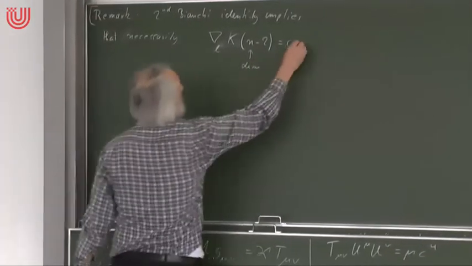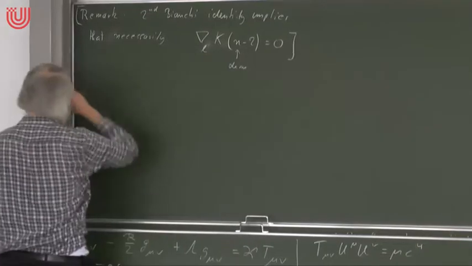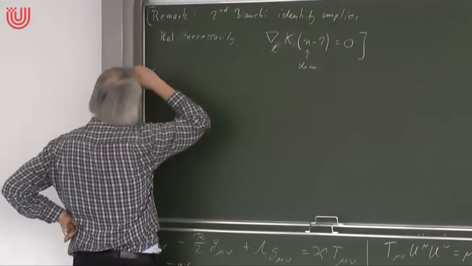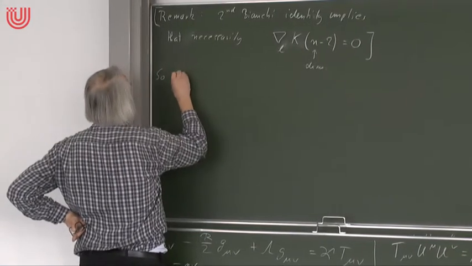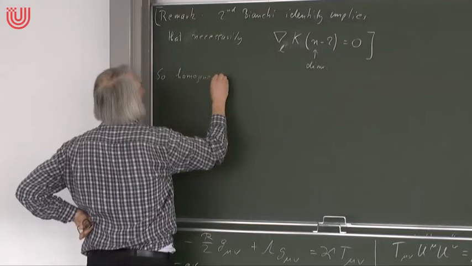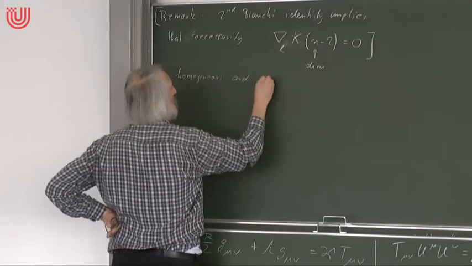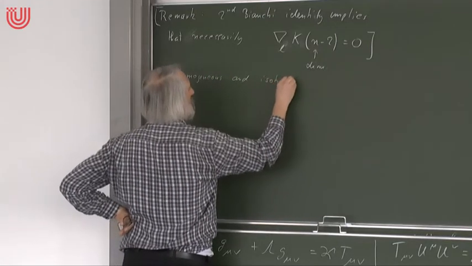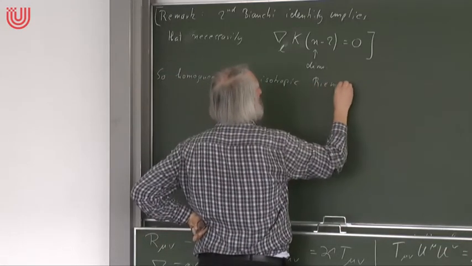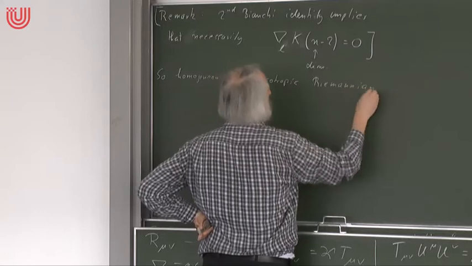So what have we found now? Let me write this down. This is the first result: homogeneous and isotropic Riemannian manifolds. If I say space or manifolds, that's the same.